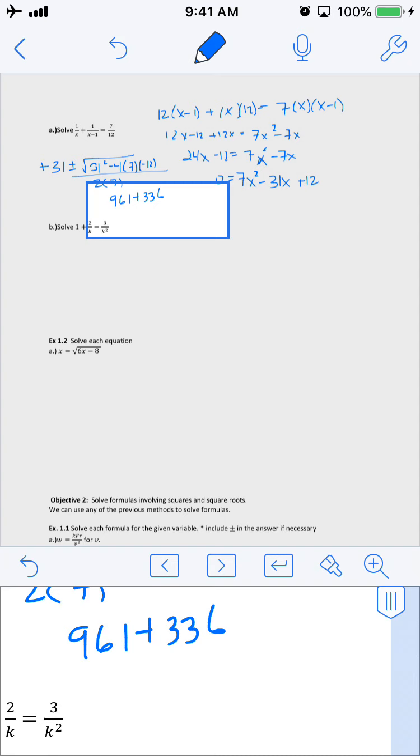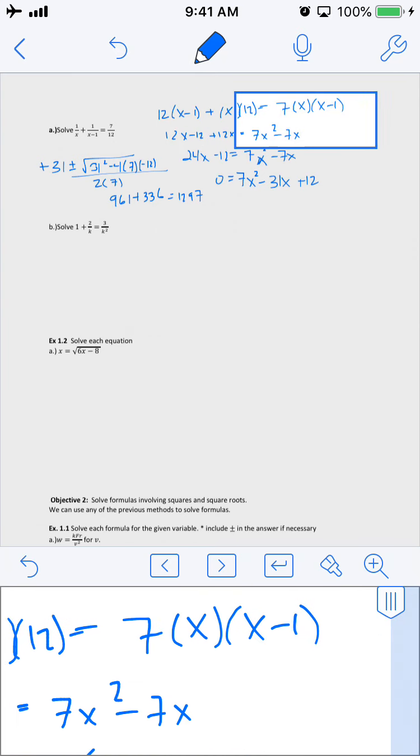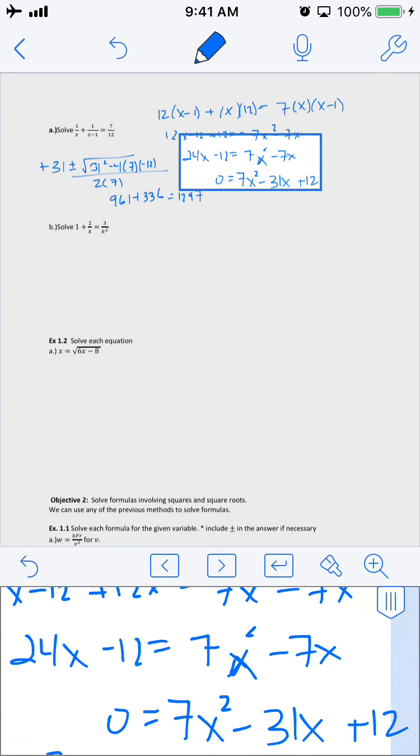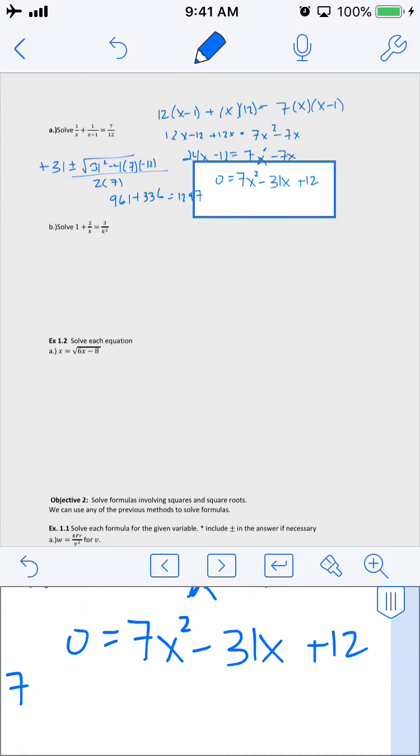Okay. Whoops, lost that number. 1297. Sorry, I'm just double checking my math here. 12x minus 12 plus 12 on the side minus 7x squared.